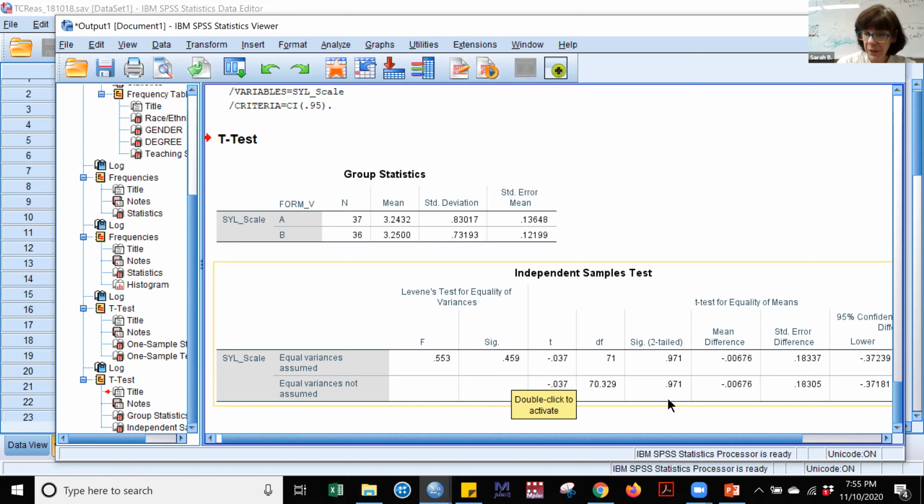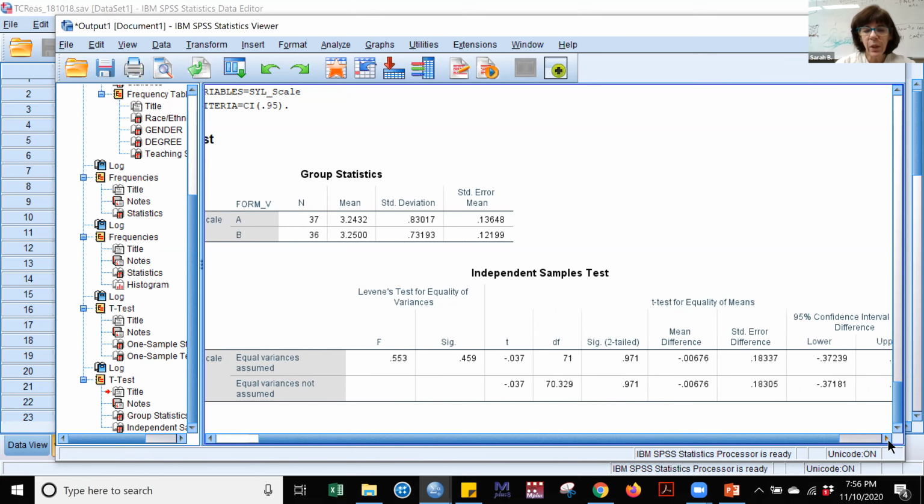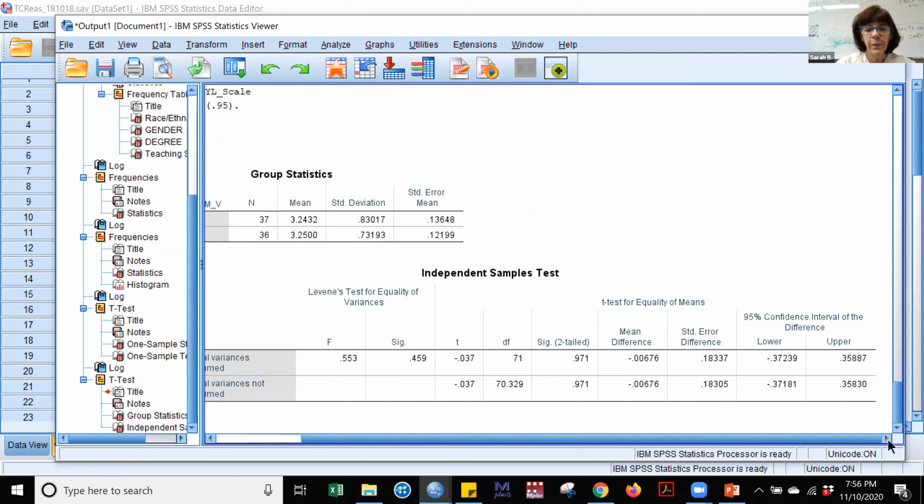However, very nicely, by default, SPSS gives you an alternative test called the Welch's test. This is the second row under the results for the independent samples t-test, which has results adjusted for the inequality of variances, and where that adjustment actually occurs is in these degrees of freedom.